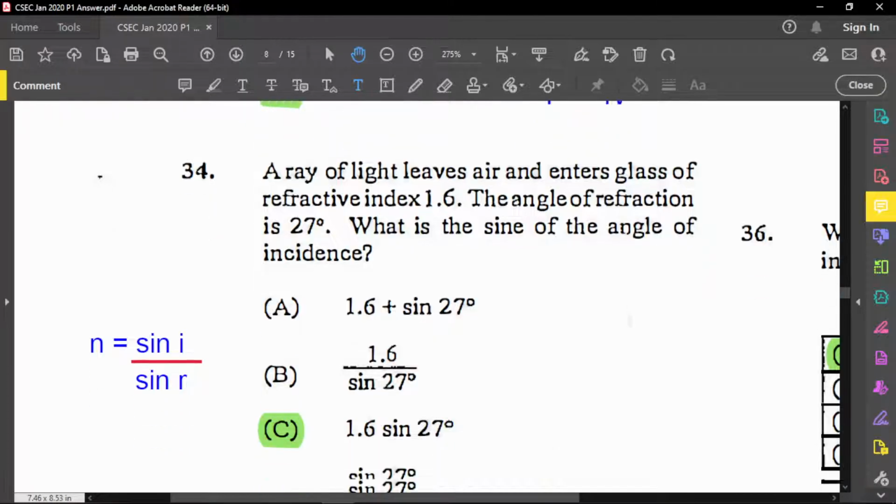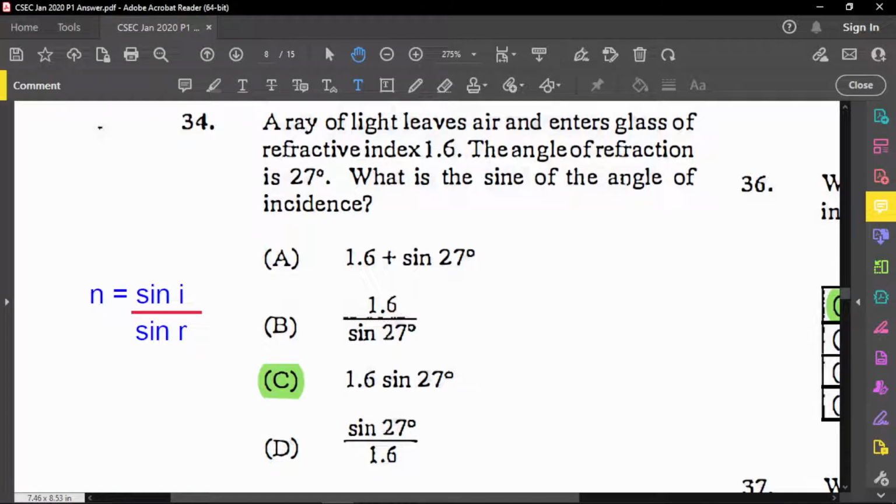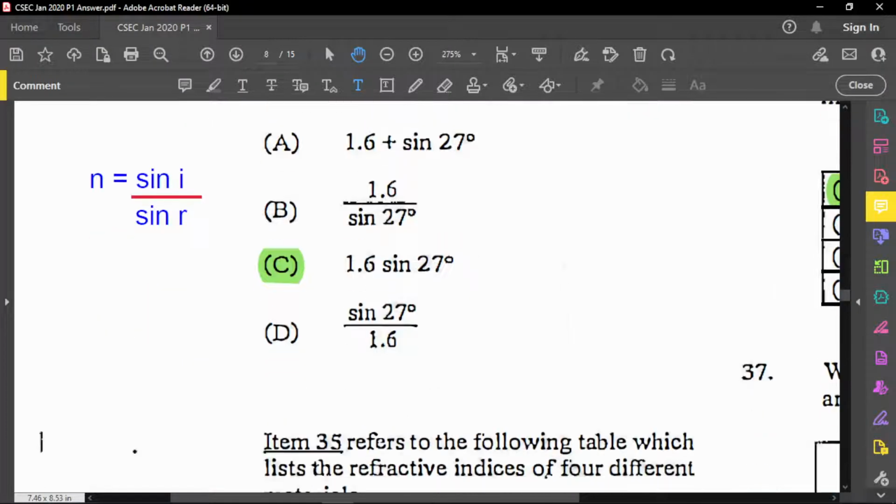A point to note here is that N, the refractive index, equals sine I over sine R. Finding the sine of the angle of incidence means finding sine I. So you have to multiply N by sine R. That's why we have 1.6, the refractive index from the question, multiplied by sine 27. So C is the correct answer for that.